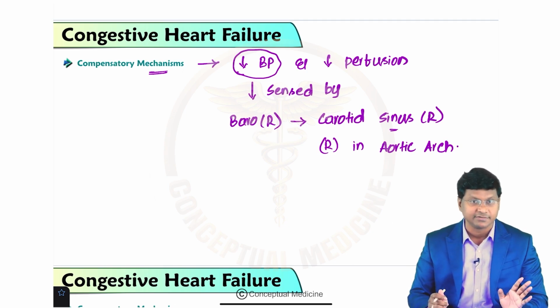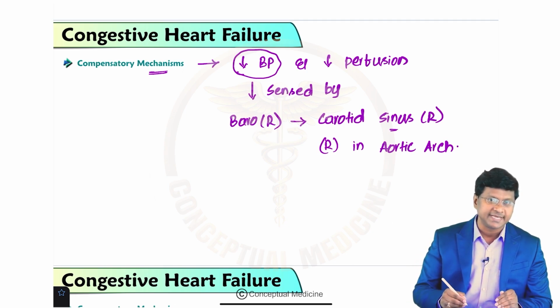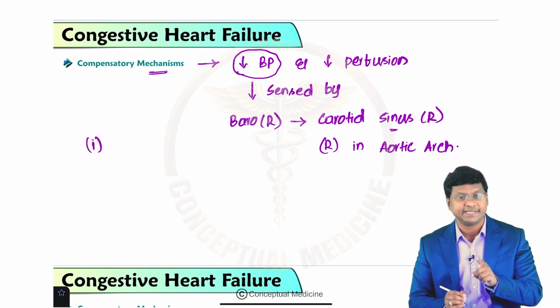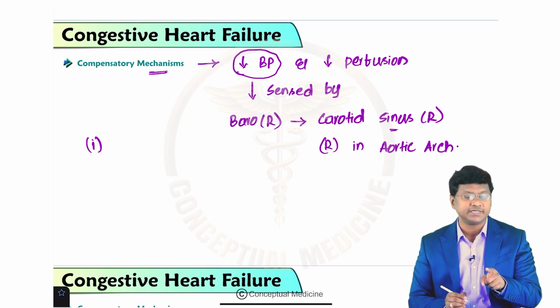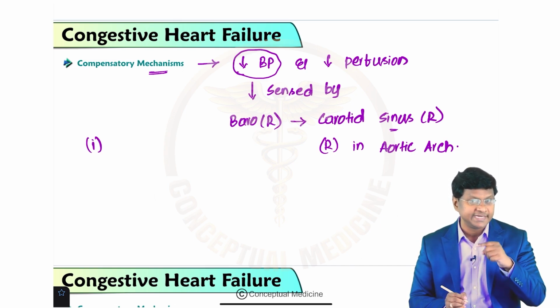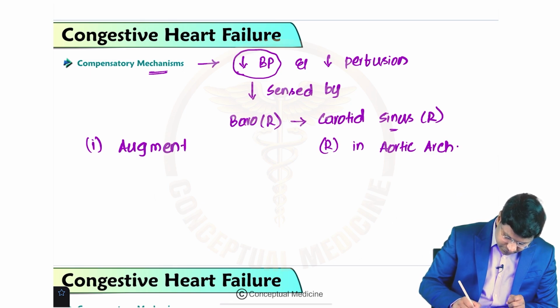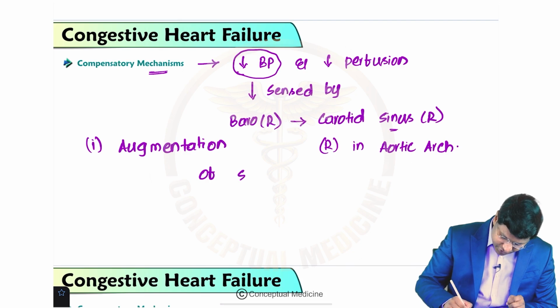So once these baroreceptors are activated, the information is passed to the medulla oblongata saying that the blood pressure is less. And immediately the vasomotor center, which is present within the medulla oblongata, gets activated and there will be augmentation of sympathetic outflow.